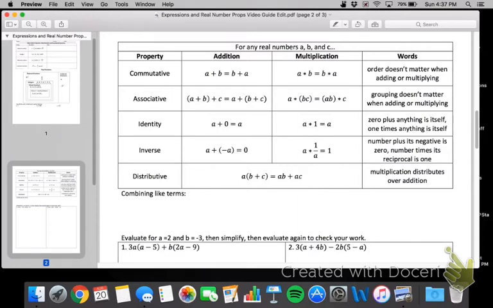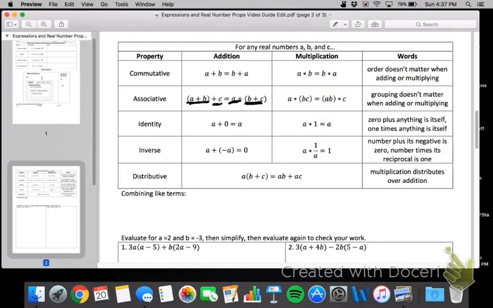So you can change the order when you add or multiply things. You can change the order. Or in the second one, the associative property says it doesn't matter how we group. So if I were to add A plus B and then add C, it's the same as adding B plus C and then adding A to the result.